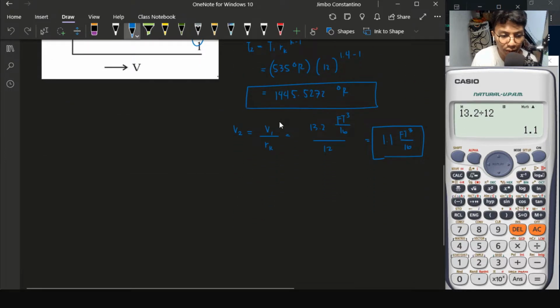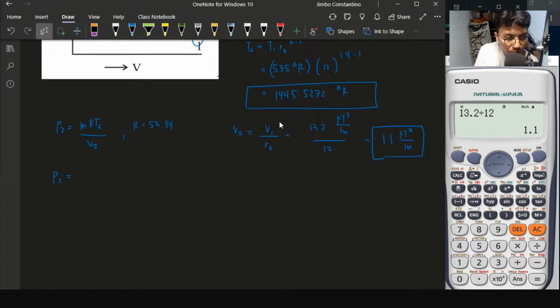Tapos, we can solve for P2. So, P2 is equal to MRT2 over V2. V over M is specific volume naman to eh. So, R is for air 53.34 pound foot per pound degree Rankine.